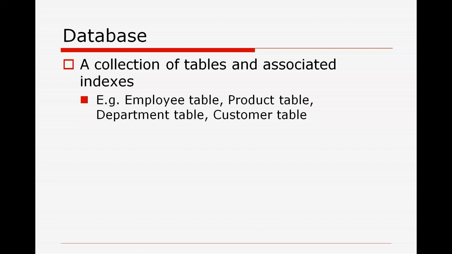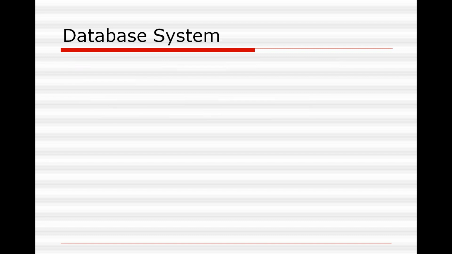A collection of these tables, with some indexes, because I will explain what the indexes are. Actually, we have some connection between tables. So we define the database as a collection of tables, simply a collection of tables.